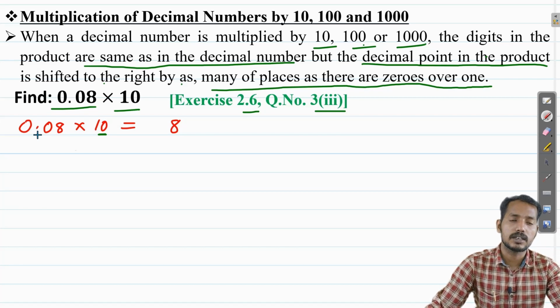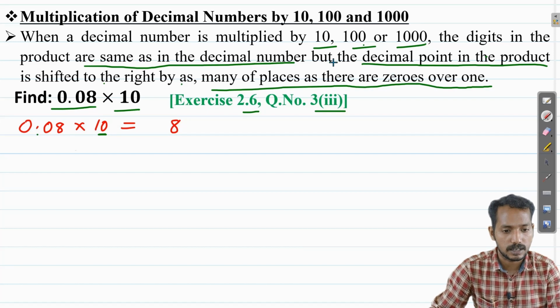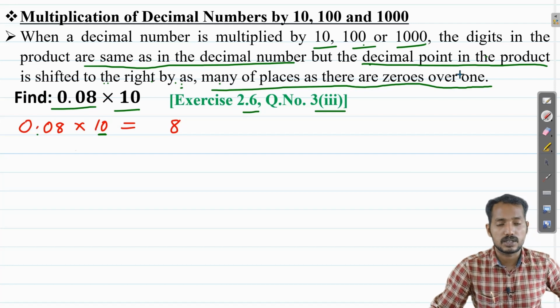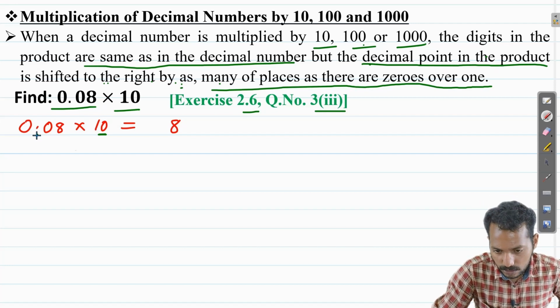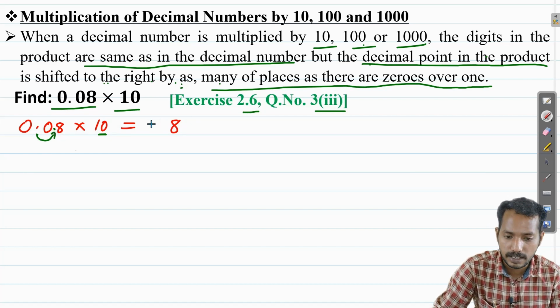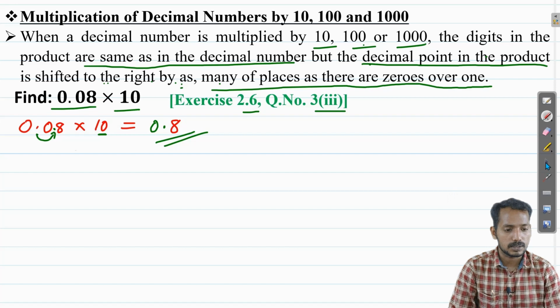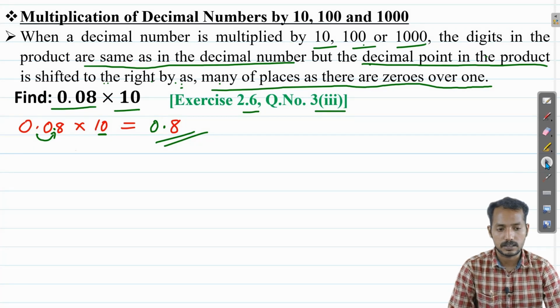In case of 100, it will be 2. The decimal point in the product is shifted to the right by as many places as there are zeros over 1. So the decimal point should be here. It should be shifted. So the answer we will get is 0.8. Very simple one.